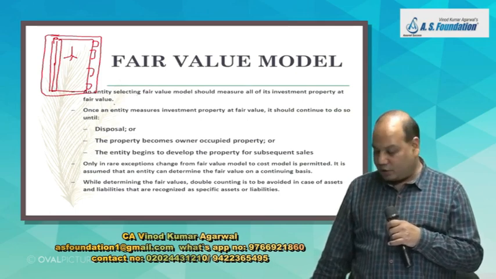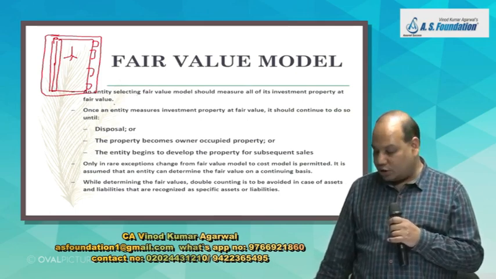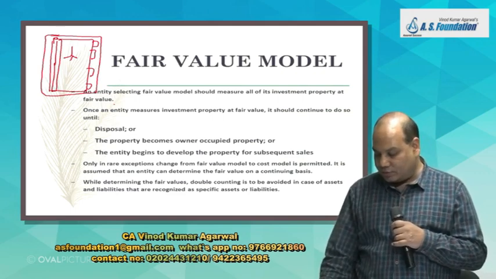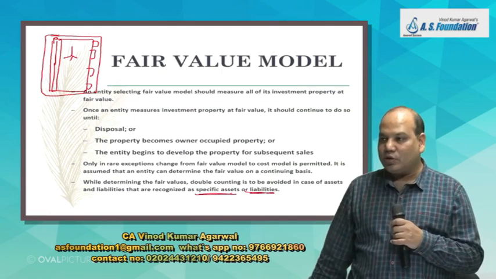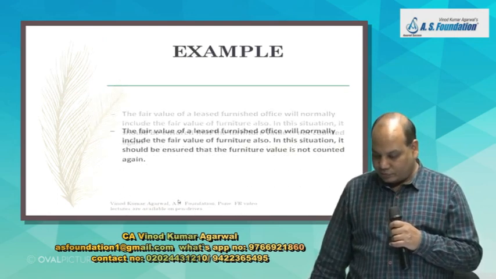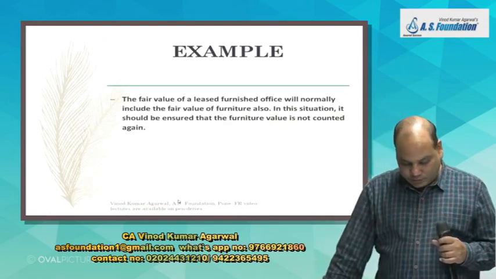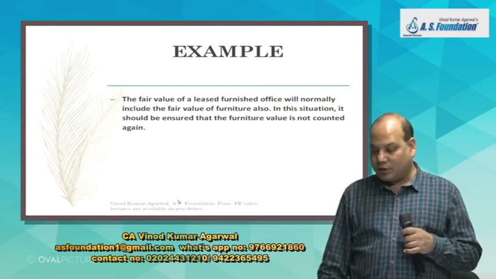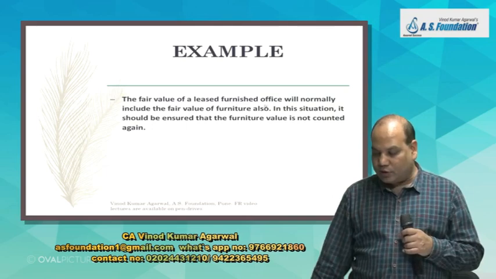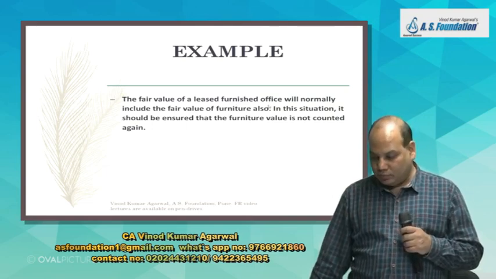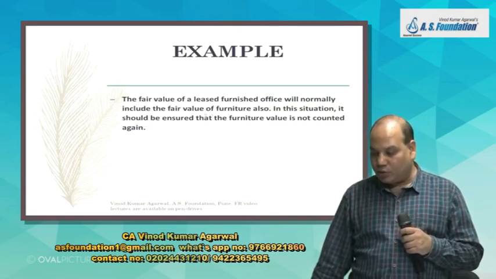While determining the fair value, double counting is to be avoided in case of assets and liabilities that are recognized as specific assets or liabilities. There is one example given in IFRS itself. The fair value of a leased furnished office will normally include the fair value of the furniture also.